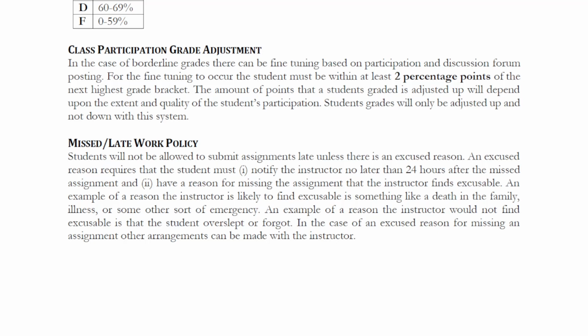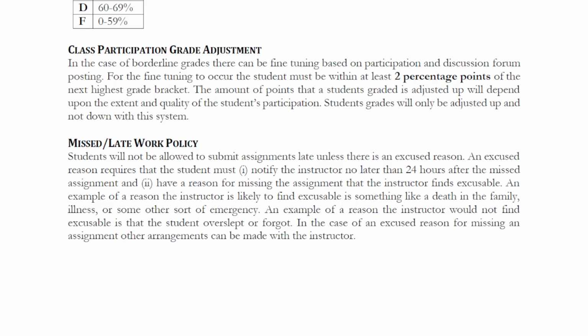I do consider doing this based upon your participation in class. If a student is within 2 percentage points of the next highest grade bracket and has made consistent and substantial contributions to the class in terms of participation, then I would consider raising that student's grade to the next highest letter. But you might ask, this is an online class, so what does participation mean in this context?